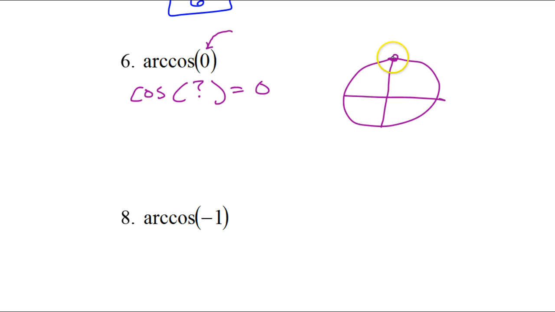So these are the two places that have an x value of 0. Okay, 0, 1, 0, negative 1. Alright, both of these angles, pi over 2 and negative pi over 2, both of these have a cosine equal to 0. However, cosine is only defined for the top half of the circle. So that tells us that the correct answer is pi over 2.